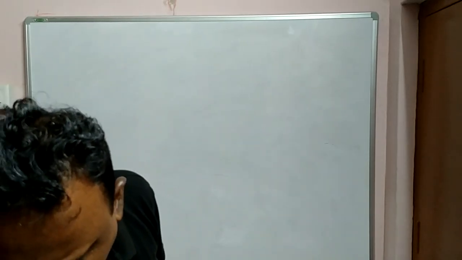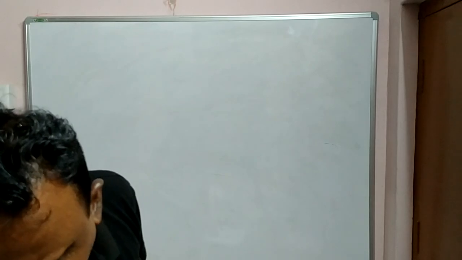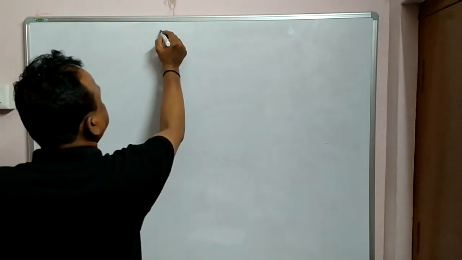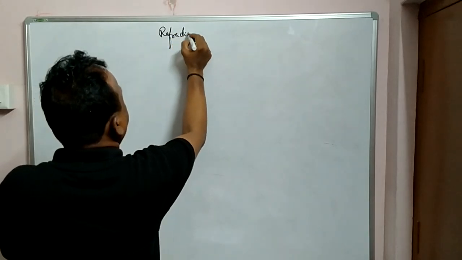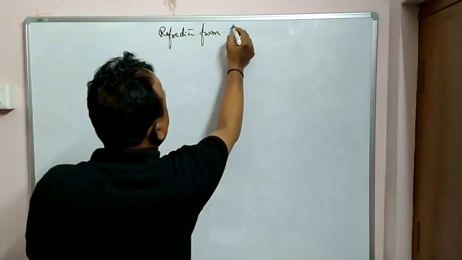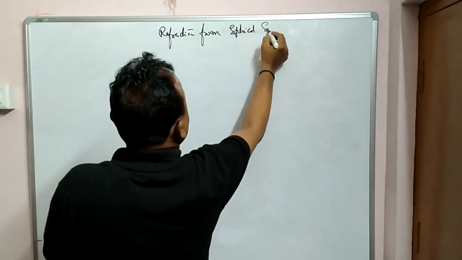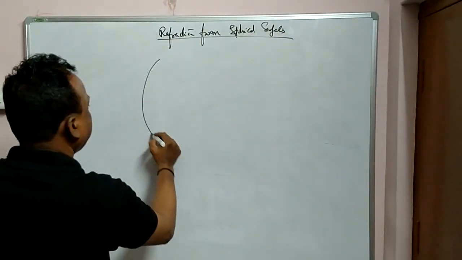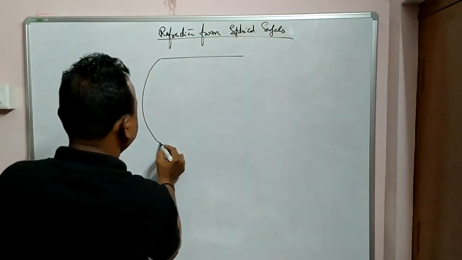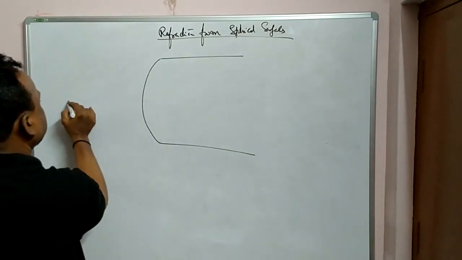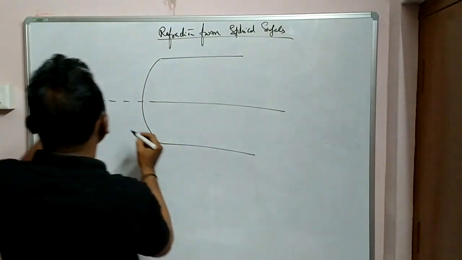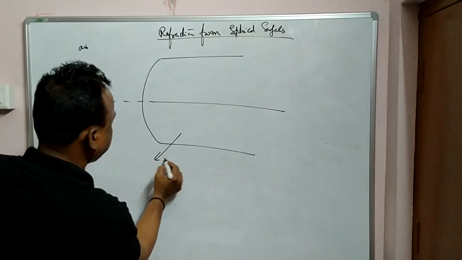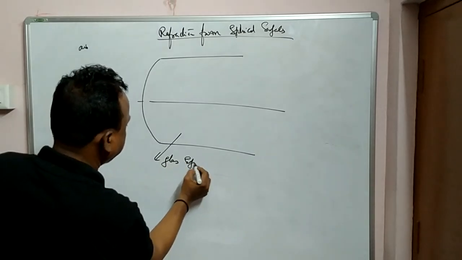Now let us go to the next one, that is called refraction from spherical surfaces. Refraction from spherical surfaces అంటే అర్థం ఏంటి? సపోజ్ ఒక గ్లాస్ సర్ఫేస్ ఉందండి మనకి. Suppose this is a glass surface and this is the center point. This is glass material or glass surface.